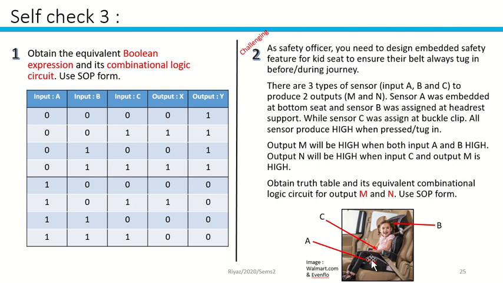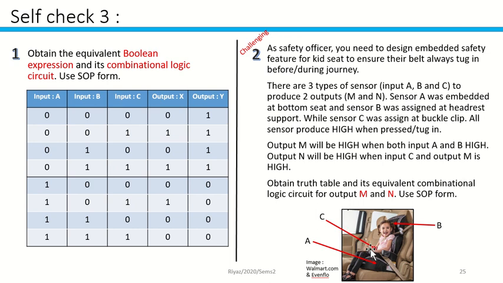Sensor B is put on the headrest, where the head will be covering the sensor, and sensor C is the buckling clip.